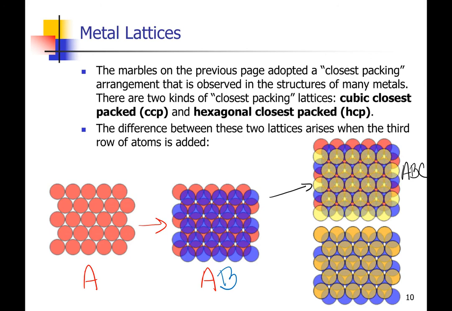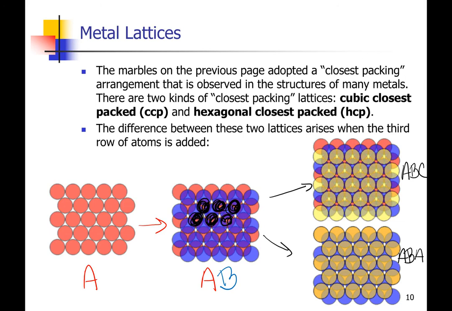But there's another option. I could simply put my atoms back in these holes here that are sitting over top of where layer A was, in which case I would then still have those white gaps, and I would have a red layer A on the bottom, followed by a blue layer B, and the yellow is lined up exactly on top of the A, so it is also a layer A. And these are both valid ways in which the atoms can pack, and a lot of metals use each of these options.